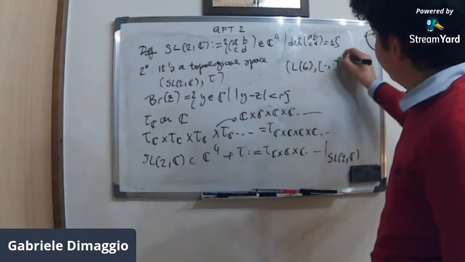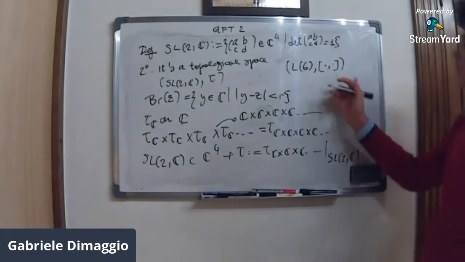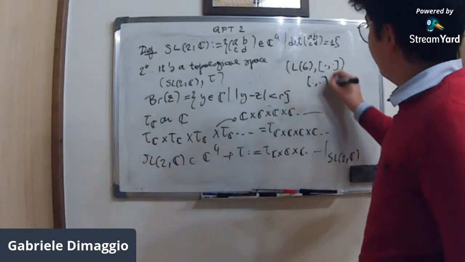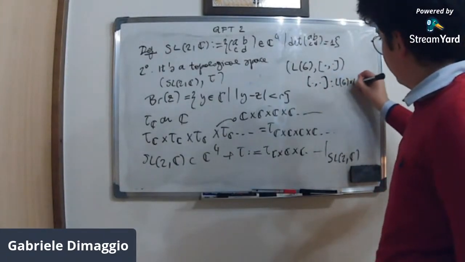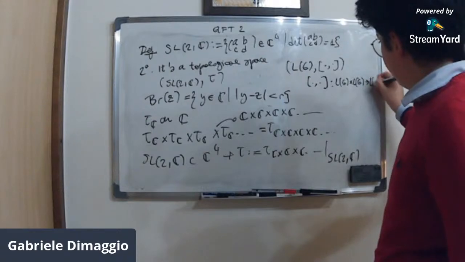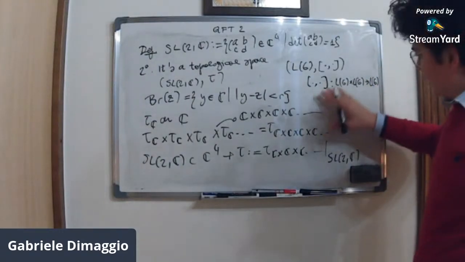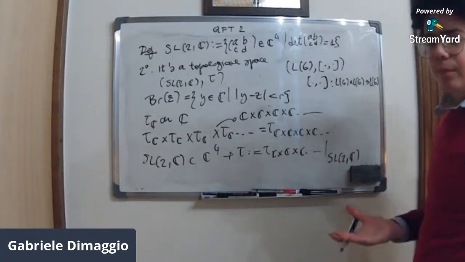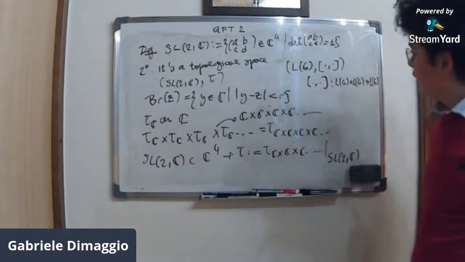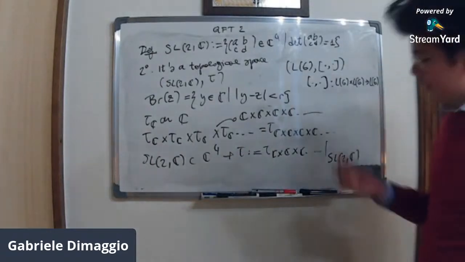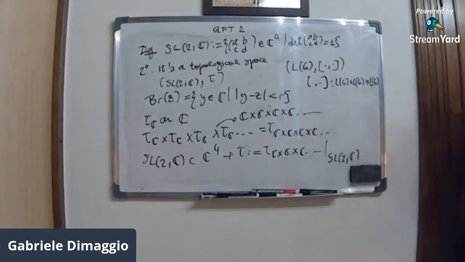And of course, this function, the commutator, is a function of this kind, LG times LG to LG. This function must satisfy some particular properties, and I showed you these properties in the last lesson. For example, the Jacobi property is the most famous property that this function must satisfy.